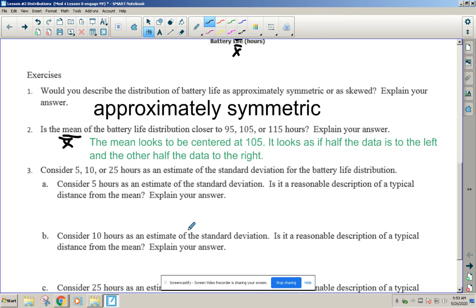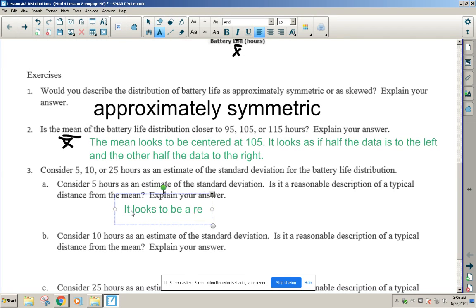So A, is it a reasonable description of a typical distance? It looks to me, according to this graph, to be a reasonable description of the standard deviation.